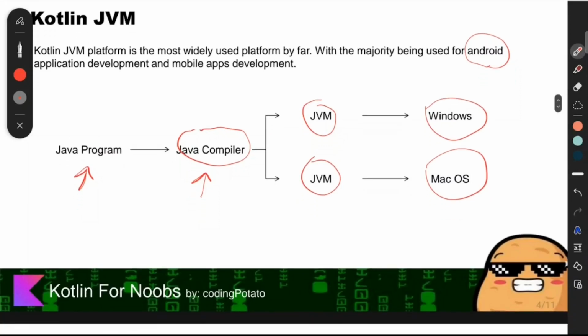So that's when the JVM comes in. Java takes care of that for you. You just have to write your program, compile it, and it will work everywhere. However, the user who is going to use your application needs to have the JVM installed on their computer to be able to run your program, because it is not a native program.